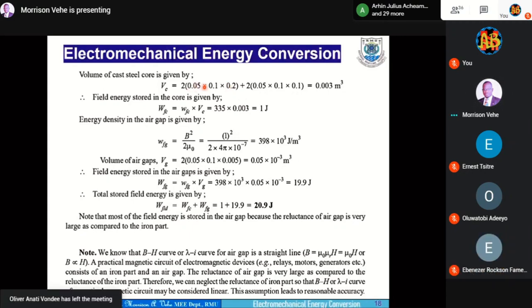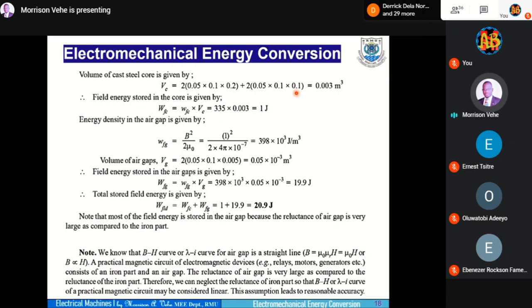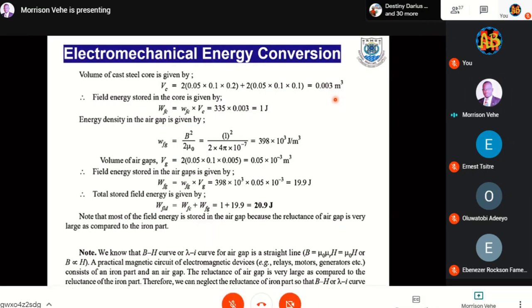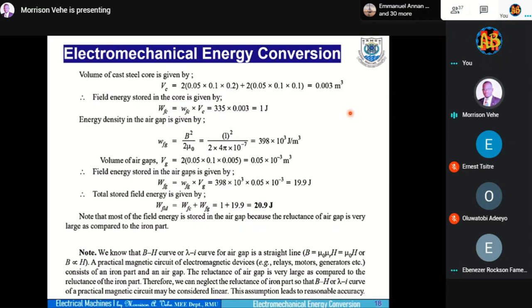So with this, we also add the same thing on the other side, and by the time we should be getting 0.003 meters square.